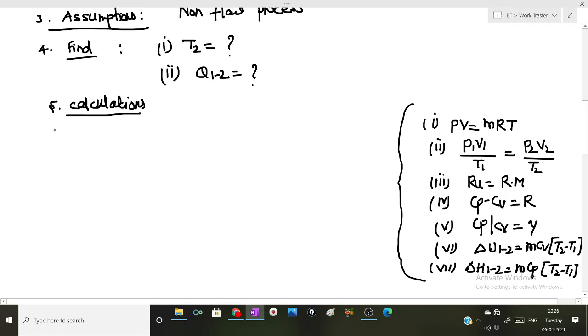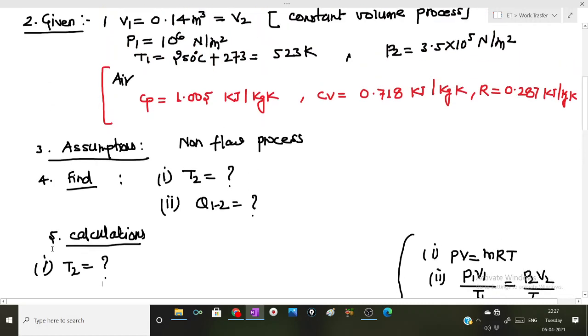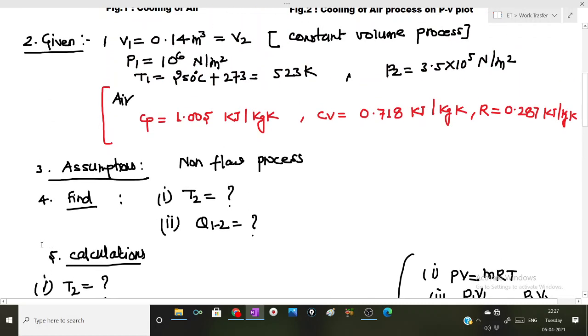Let us do the first calculation for final temperature T2. As you can see here, we have been given P1, V1, T1, also P2, and V1 is equal to V2.